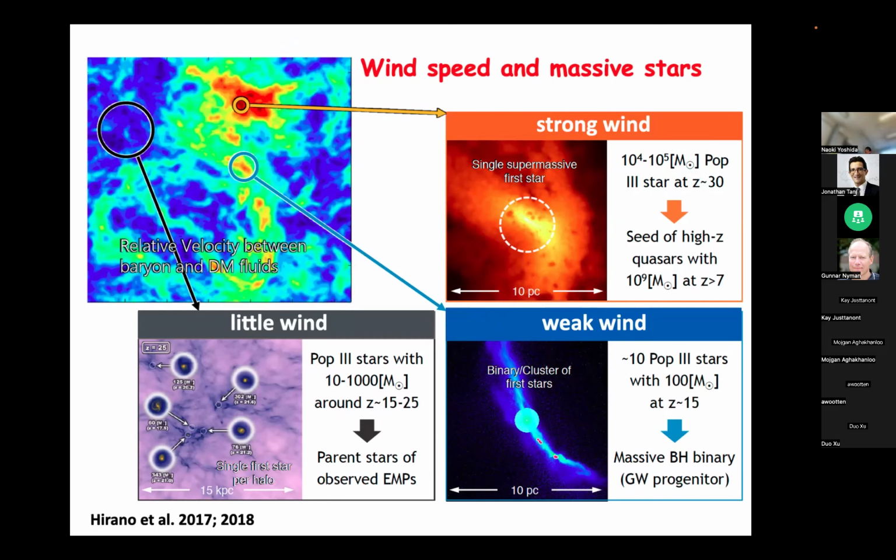In weak wind regions, we typically find filamentary structure or star cluster type things with 10 solar mass stars or so. This might also be a source of massive black hole binaries. And in the little wind case, that is something we explored 10 years ago as the ordinary case, without the effect of these streaming motions. We saw this mass distribution.